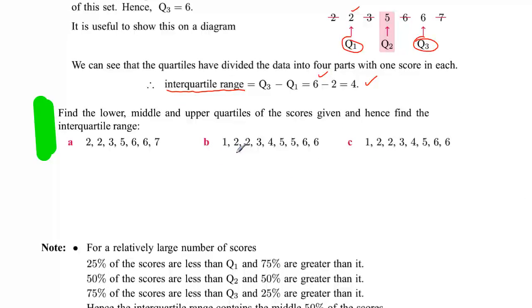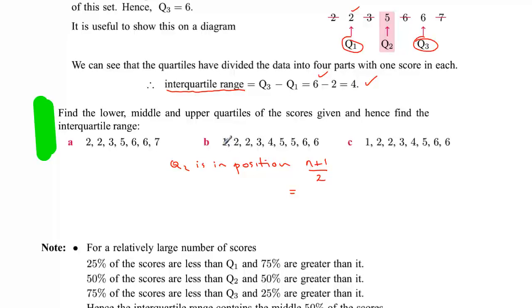So, carefully counting them, we've got 1, 2, 3, 4, 5, 6, 7, 8, 9 scores. So we say therefore that the second quartile, that's the median, is in position n plus 1 over 2.